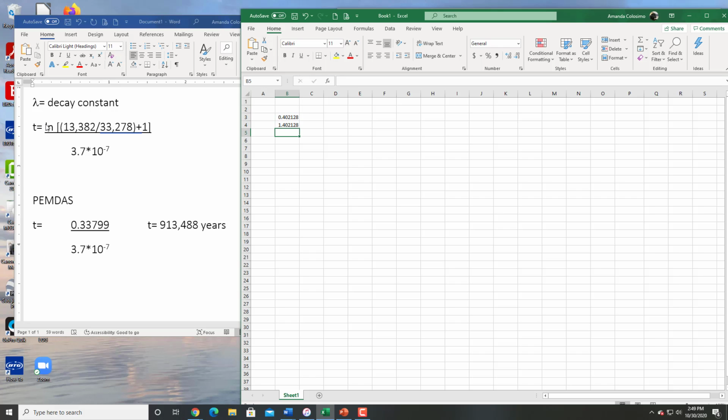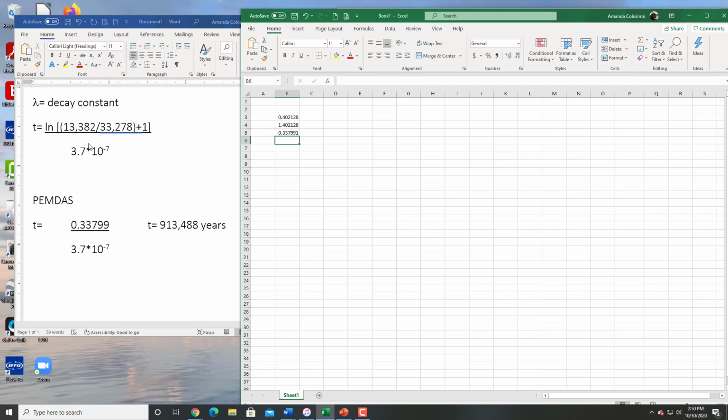Okay. And that is what's inside the bracket here. So then remember, we want to take the natural log of that. The function in Excel is exactly the same. You just type in equals ln parentheses, and then click on the number that you want the natural log of. Close parentheses, hit enter.